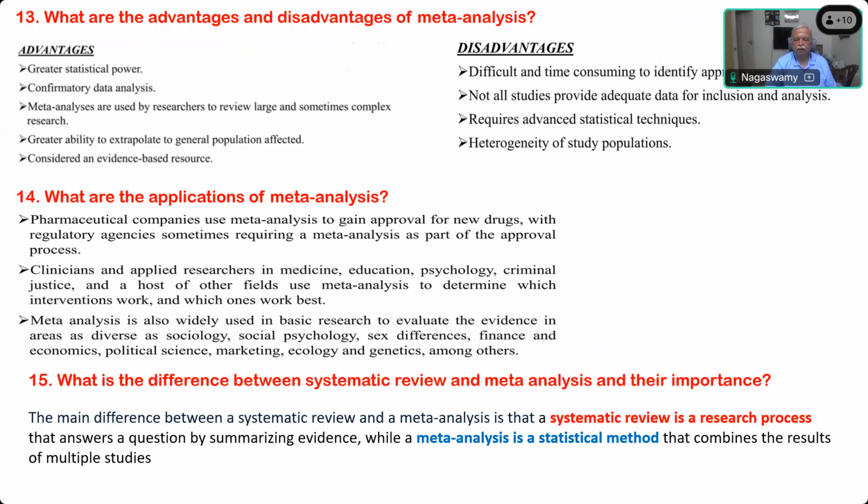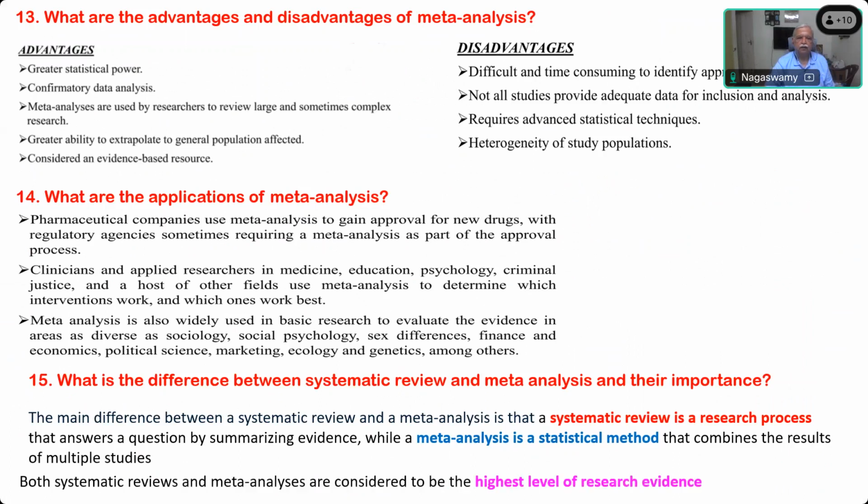So that is the main difference. Systematic review is a research process where you get the answer by summarizing the evidence, whereas meta-analysis is a statistical method combining the results of multiple studies.